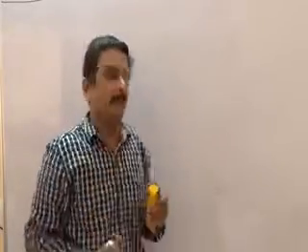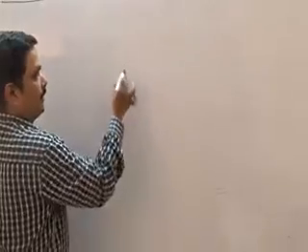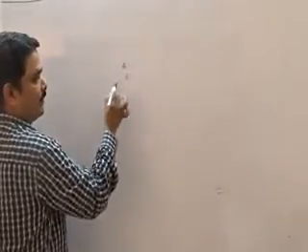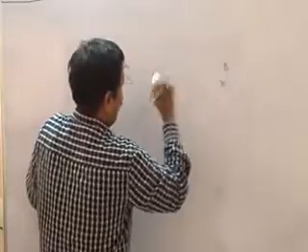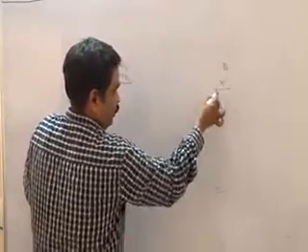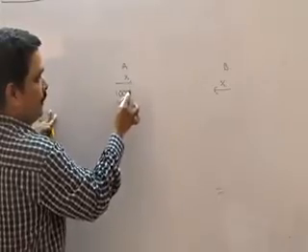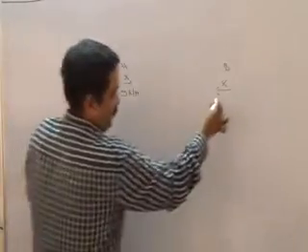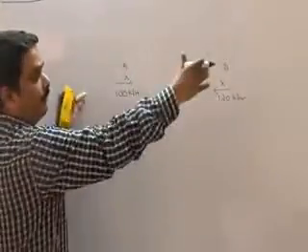For example, let us take it this way: two trains are traveling. One train is traveling from A to B, and the other train is traveling from B to A. If one train is traveling at an average speed of 100 kilometers per hour, and the other at 120 kilometers per hour, what is the relative speed now?